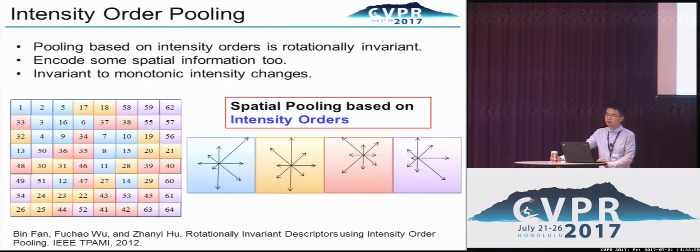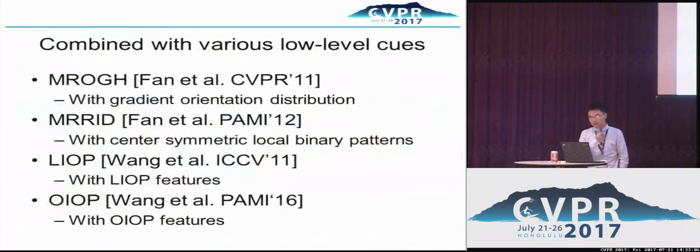Meanwhile, using the intensity order is also very robust to monotonic intensity changes, which further increases the robustness of the obtained descriptor, especially for illumination changes. This pooling method can be combined with various low-level cues, which I will introduce in the following.